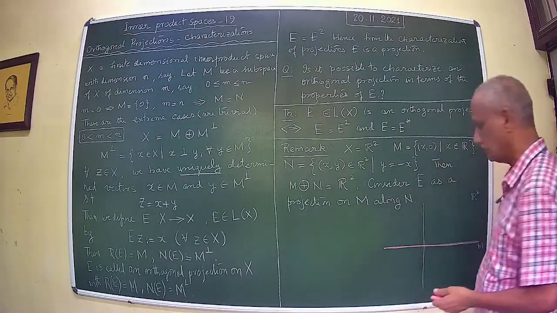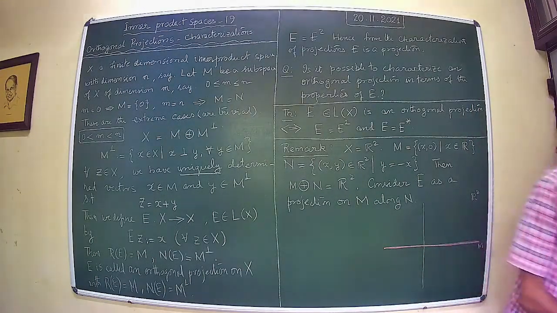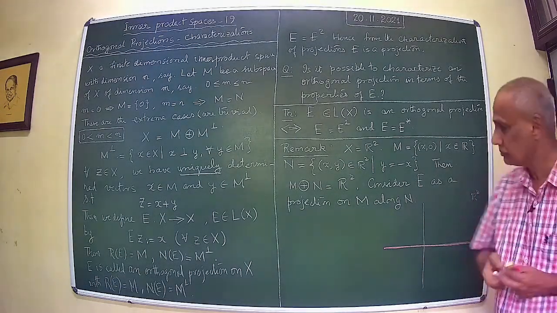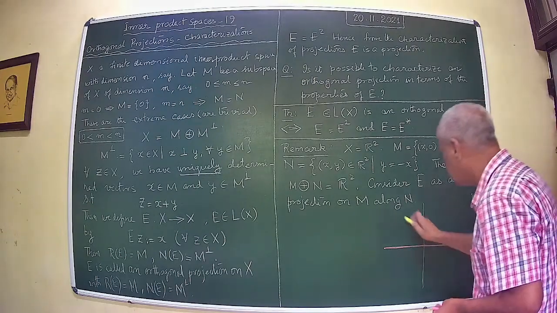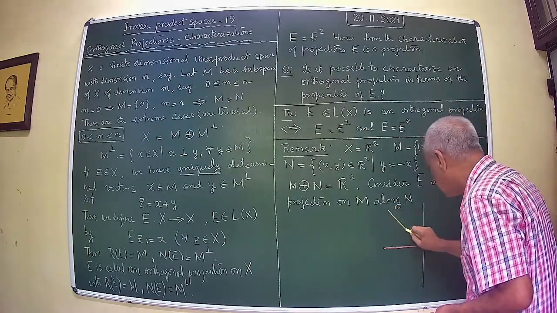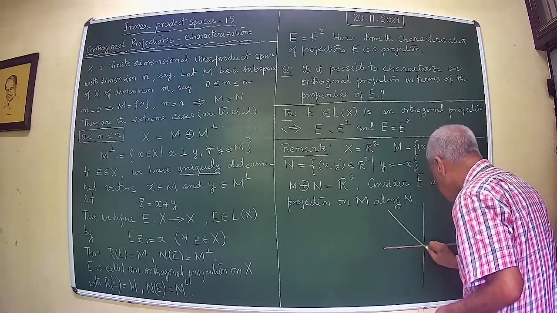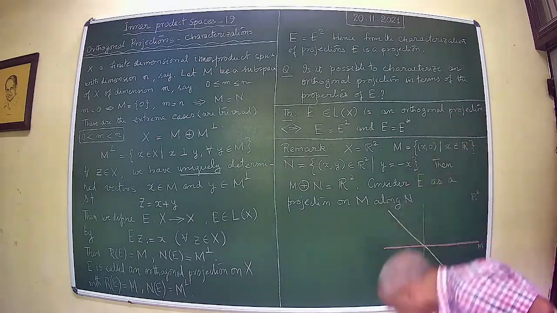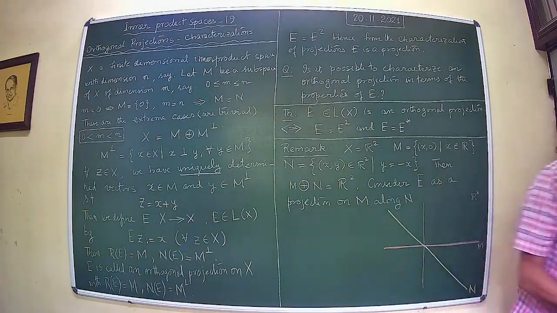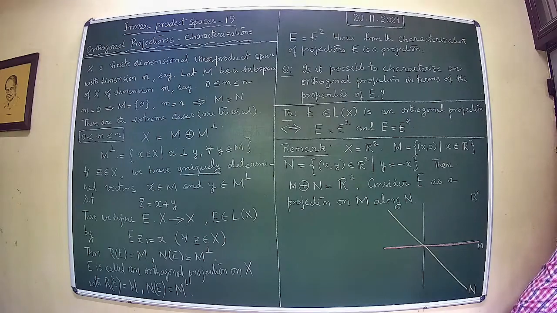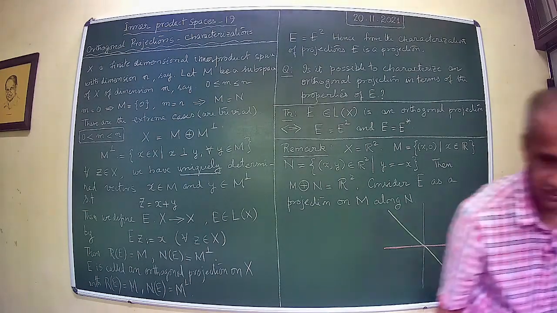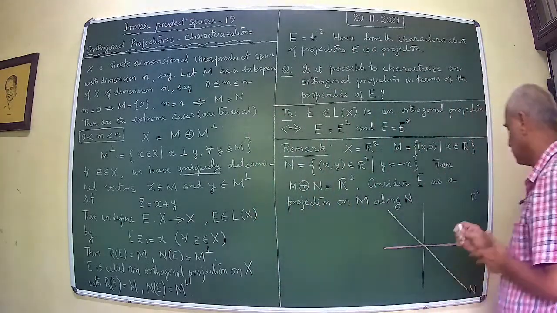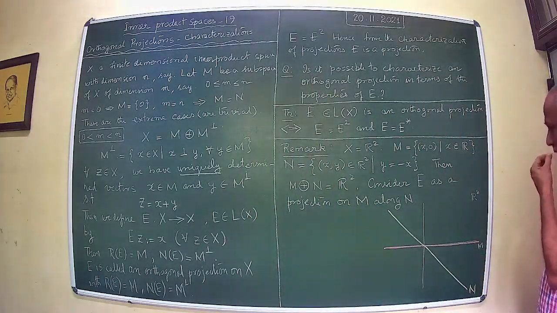This is the x-axis. And N you take as the following space. M and N are not orthogonal with the conventional inner product that you have. So M and N are not orthogonal.